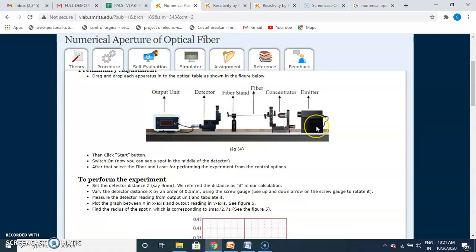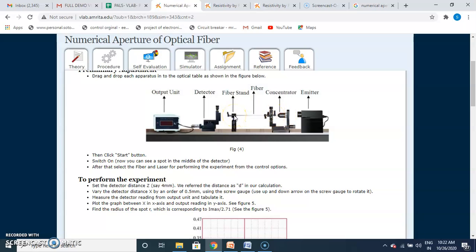So you have an emitter over here. The laser beam from the emitter will fall on the concentrator. This concentrator will make the laser pass through this optical fiber, so that the laser will come from one end to another end.